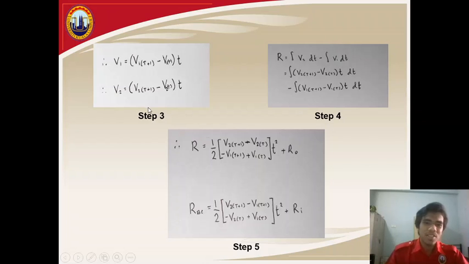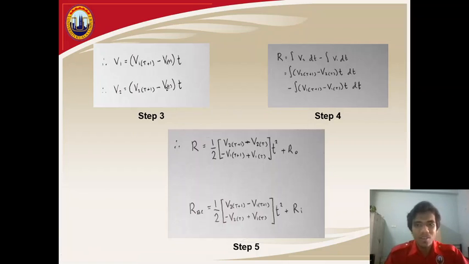So for step 3, we know on the second step, we can define that v1 is also equal to v1 from the point plus 1 minus v1 from the previous point, times t, which also goes the same with v2, that's velocity.